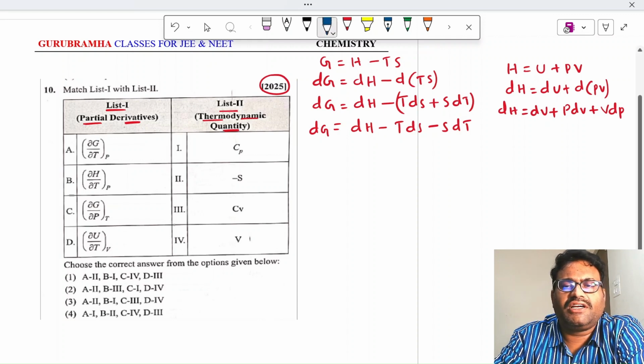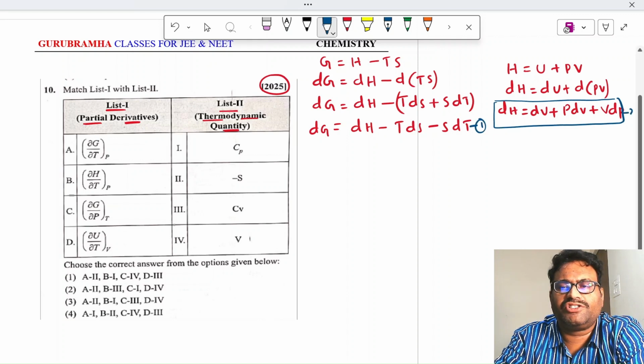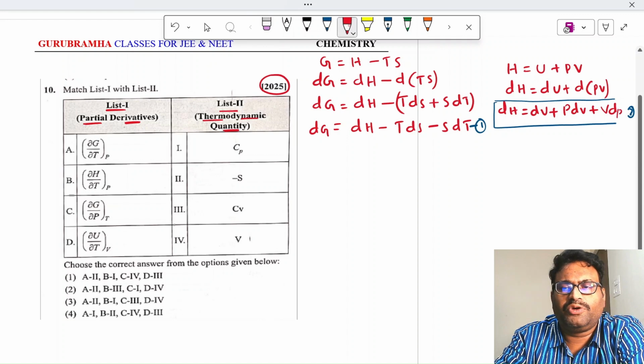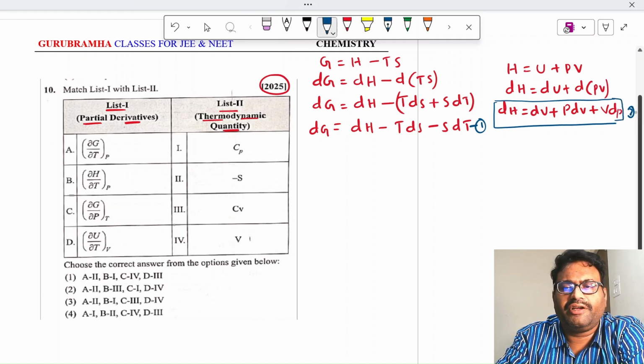So let us substitute this equation. For example, let me take this equation as 1, this equation as 2. Let me substitute equation 2 in 1.